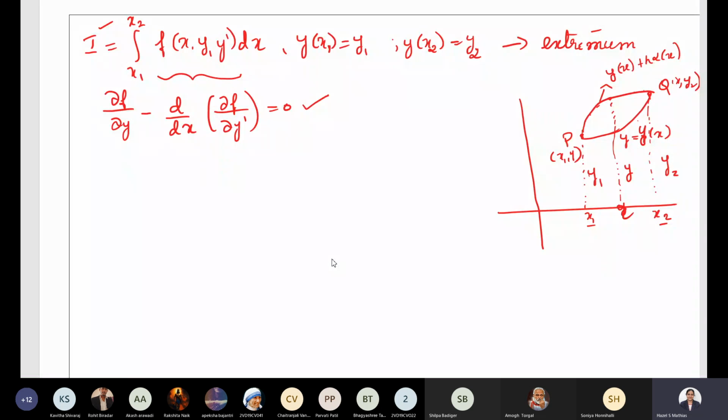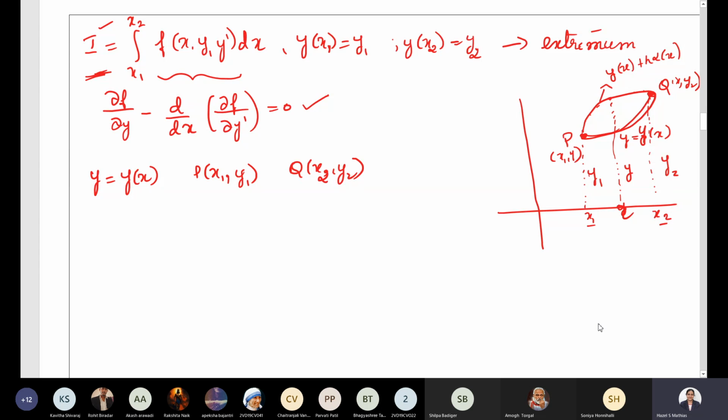Now we know that I attains the extremum along some curve, say y equal to y of x, which passes through the points P of x1 comma y1 and Q of x2 comma y2.